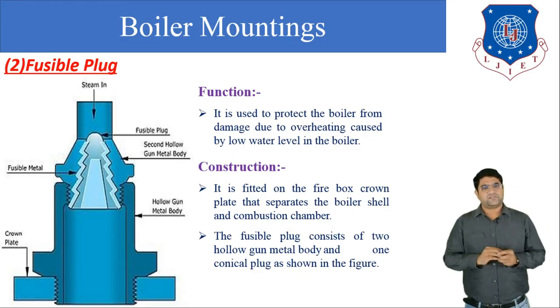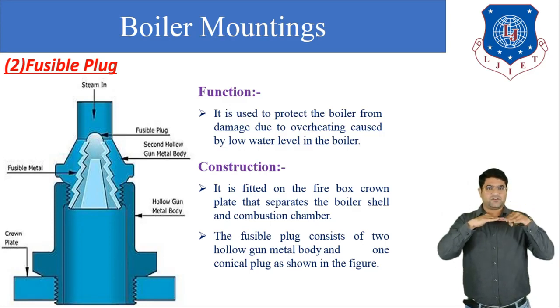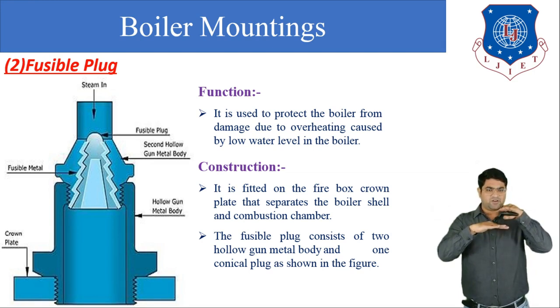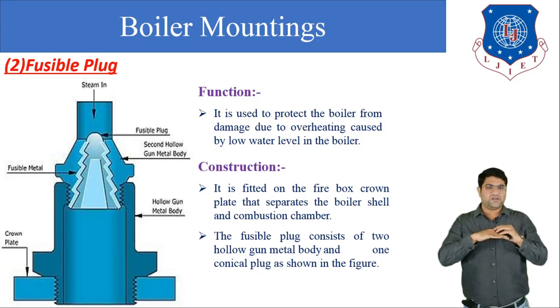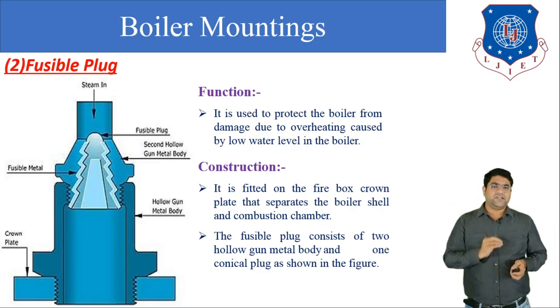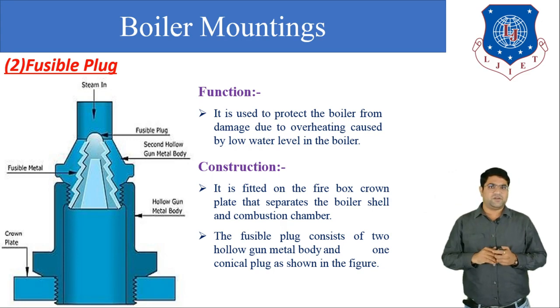But after heating up the water, steam is generated, so the level of the water decreases. After some time, if the level of the water decreases, then the same amount of heat cannot be transferred to the upper side of the fusible plug. The same amount of heat will not transfer from the firebox to the upper surface of the fusible plug.